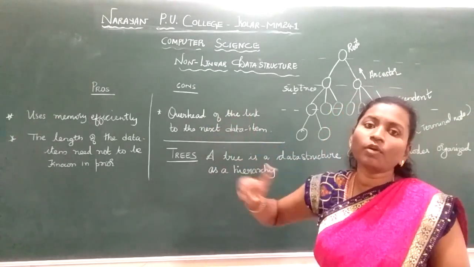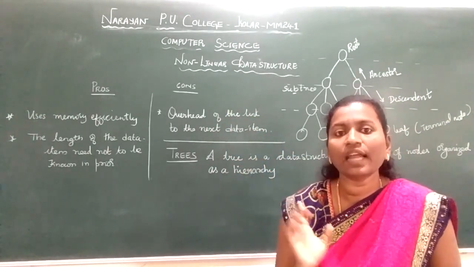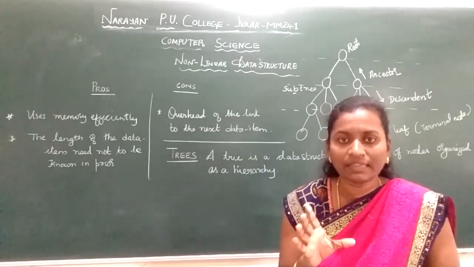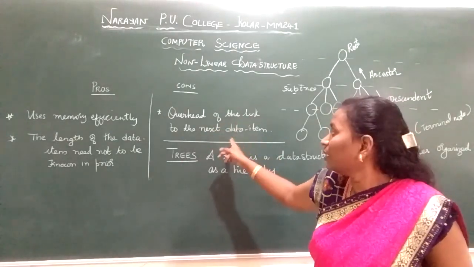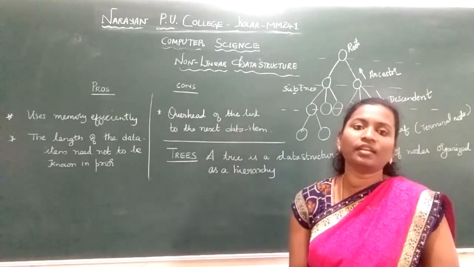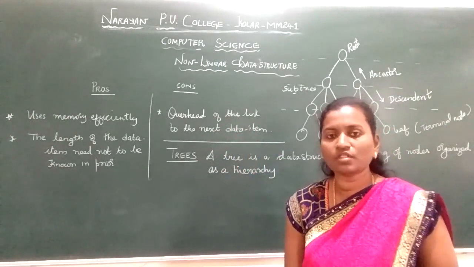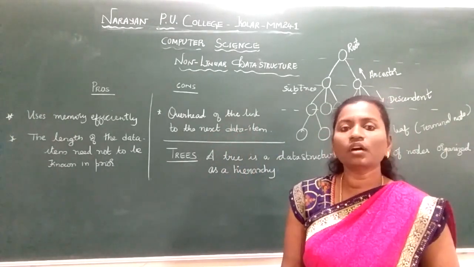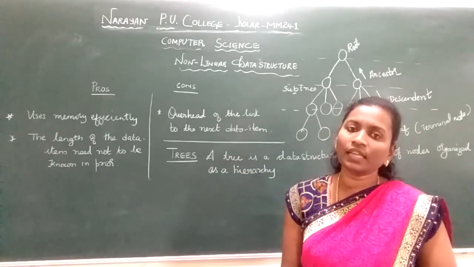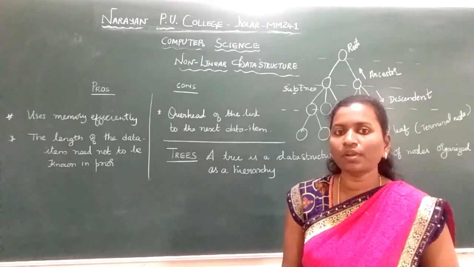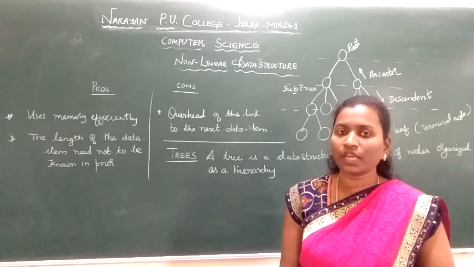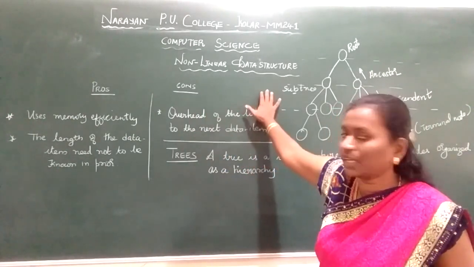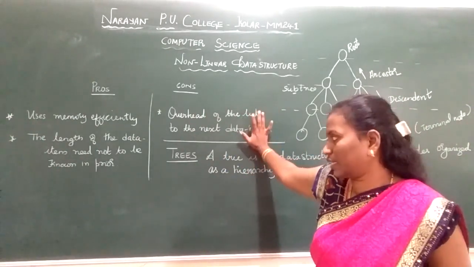Here each and every data item is interconnected by a link, and there is an overhead in maintaining the links. When it comes to a lengthy program, there is a problem because of the link overhead. That is the only disadvantage we have. So that is about the advantages and disadvantages of non-linear data structure.